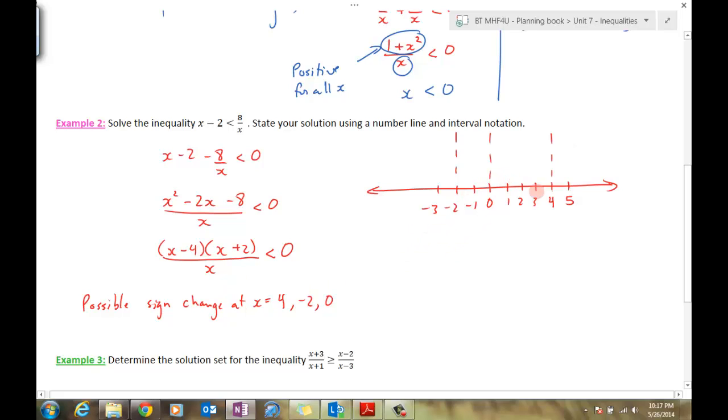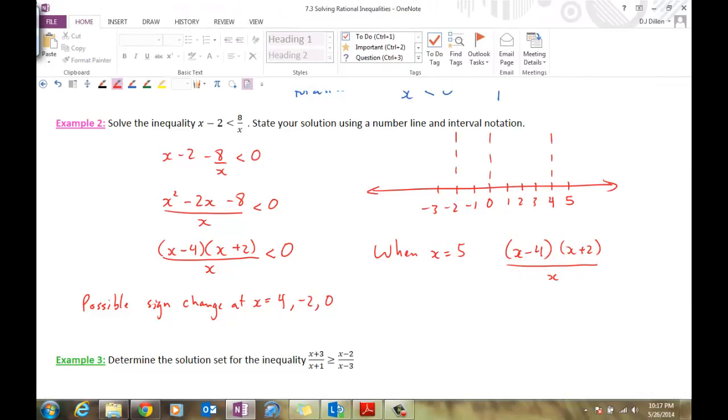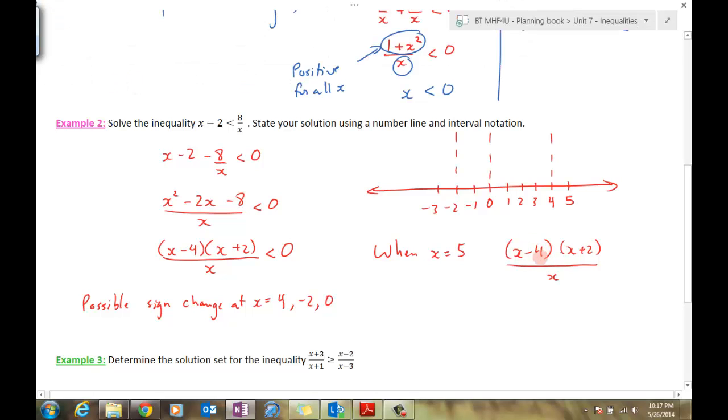So let's consider 5, to the right here. When x equals 5, what happens to this expression? Well, we can rewrite it here and think about the values that we're going to input. When x equals 5, what would the signs of each of these brackets be?